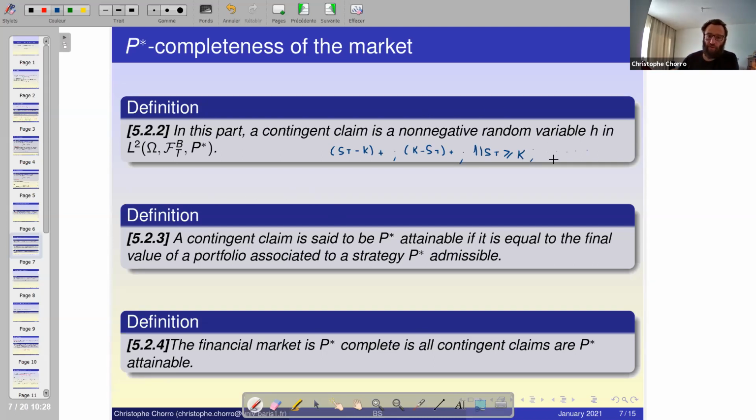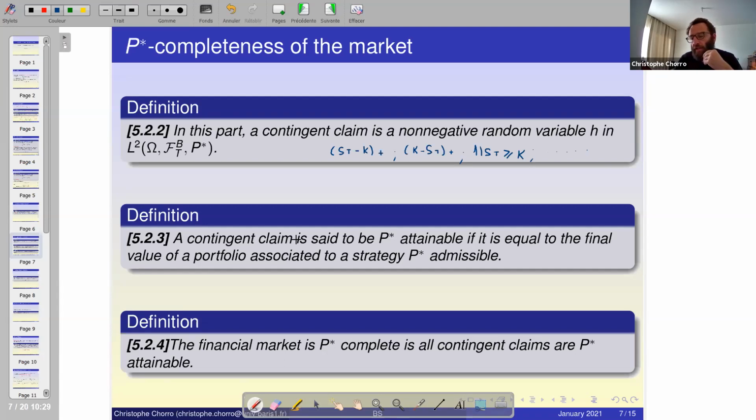So for a contingent claim, we introduce this definition. We say that a contingent claim is P star attainable if it is equal to the final value of a portfolio associated to a strategy that is P star admissible. And the meaning of this is that, using the assets that are present in the market, that are the non-risky and the risky asset, I want to be able to recreate, to build this contingent claim, but using a P star admissible financial strategy.